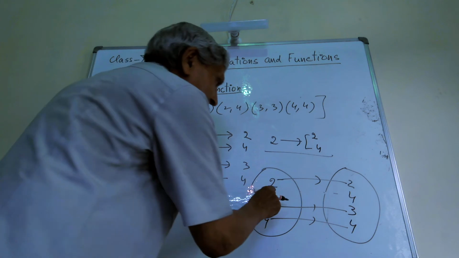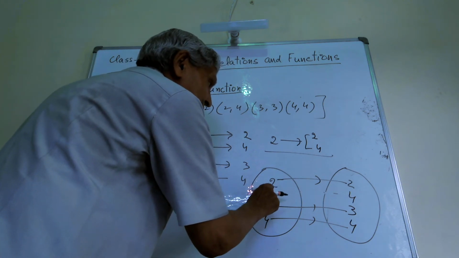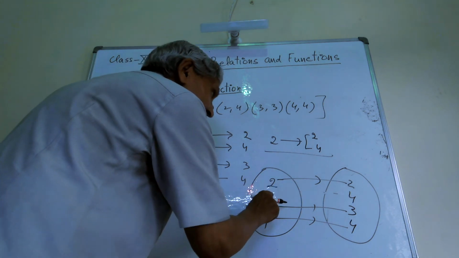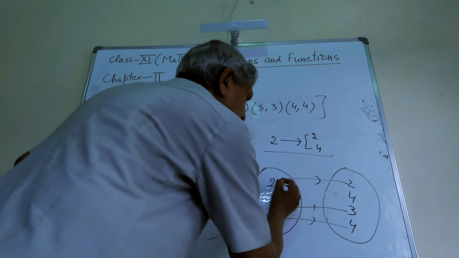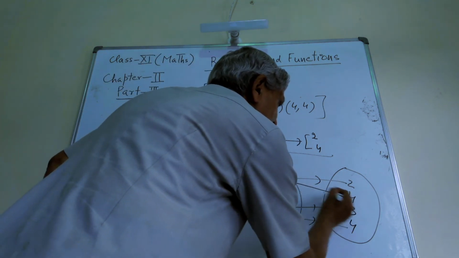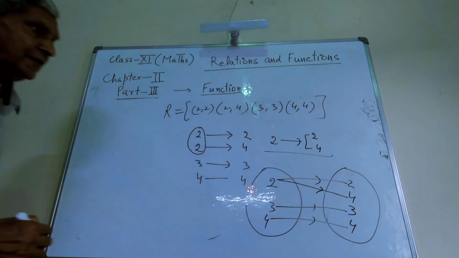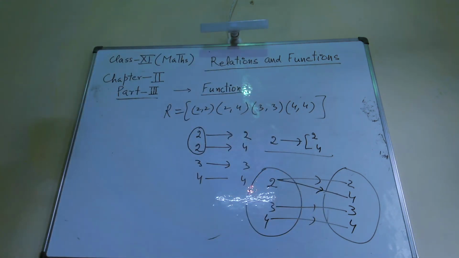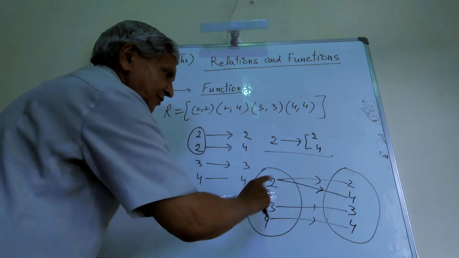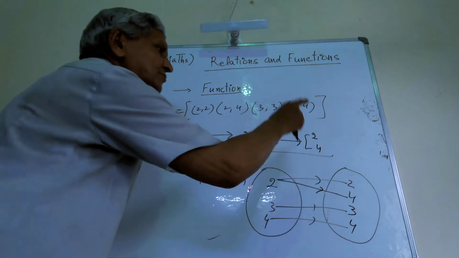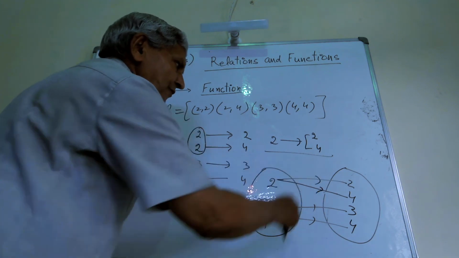So here 2 was repeated, so I write it once. So 2 has 2 images. This is the correct way of writing. So here 4 has 1 image, 3 has 1 image, 2 has 2 images, 2 and 4.